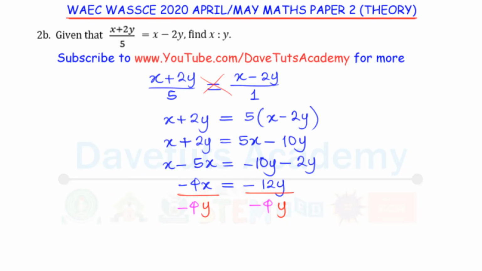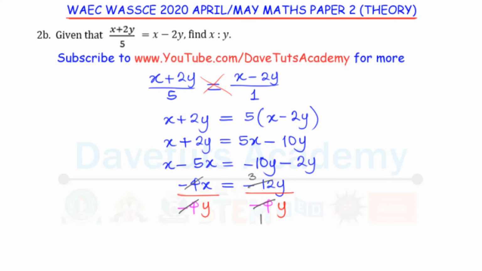So on the left hand side, minus 4 here can cut minus 4 here, so I will have x over y remaining here. Then here, minus 4 can go in minus 12 in 3 places. Here it can go 1, here it can go 3.